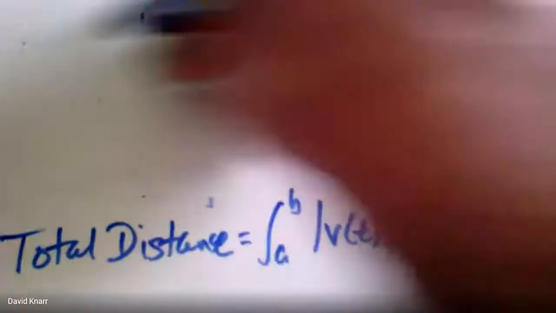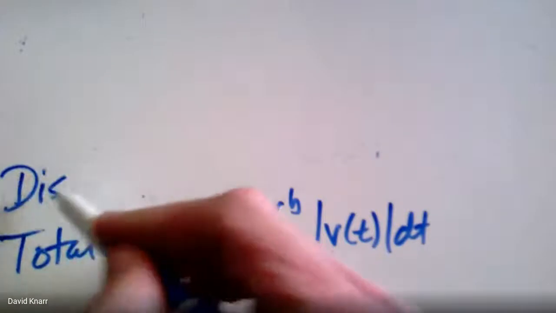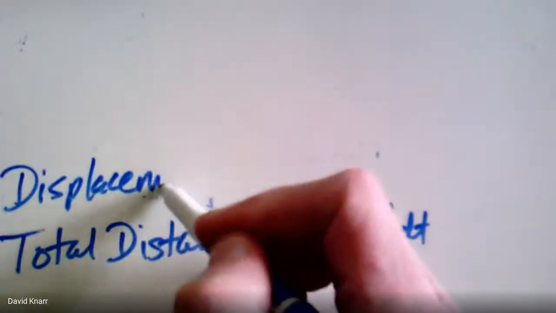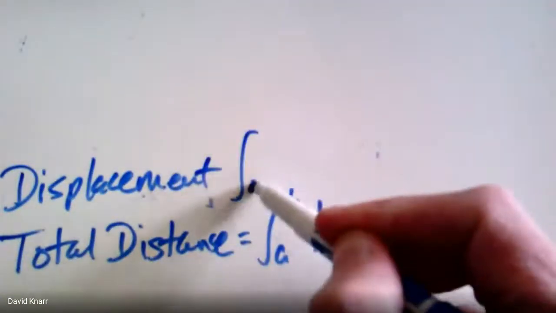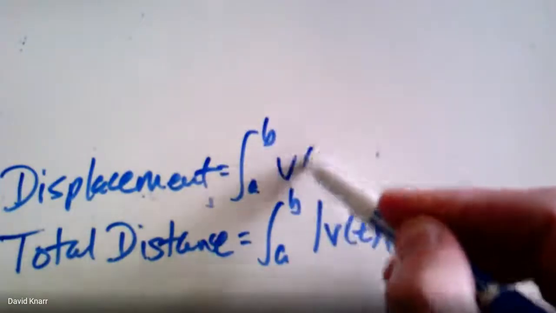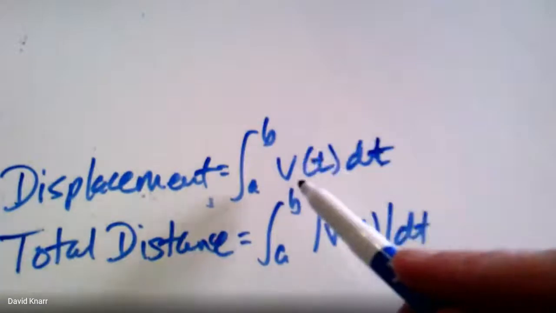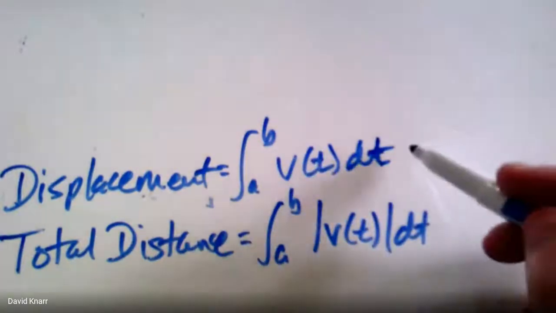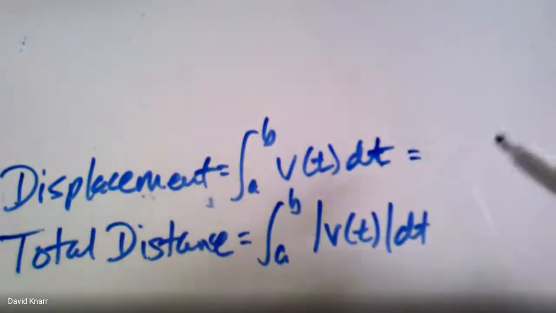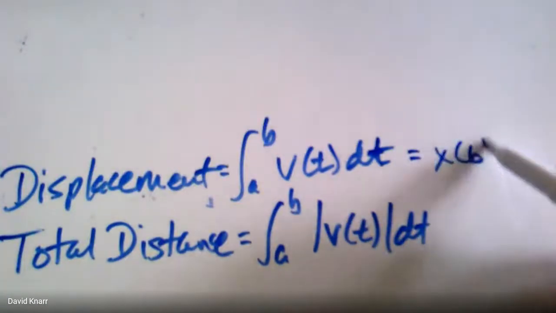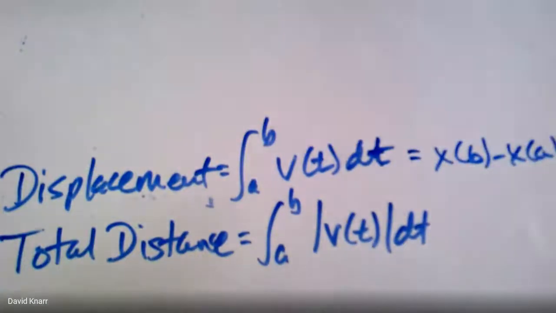So let's talk about the displacement, and then we'll talk about the difference between total distance and displacement for those of you who don't know. So the displacement is just the integral from A to B of V of t dt. When I integrate from A to B, V of t dt, the integral of V gives me position, right? It gives me x of B minus x of A.